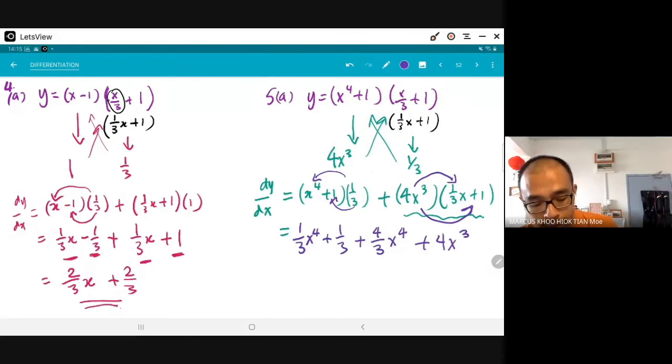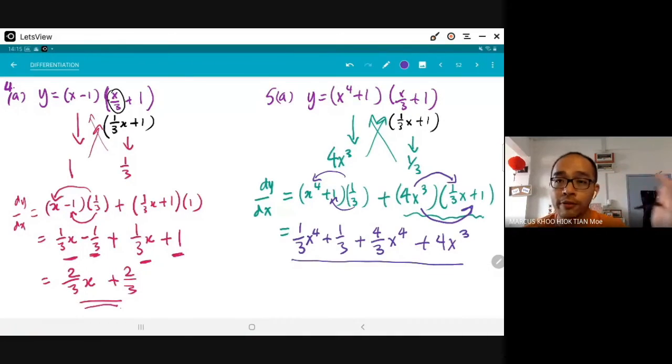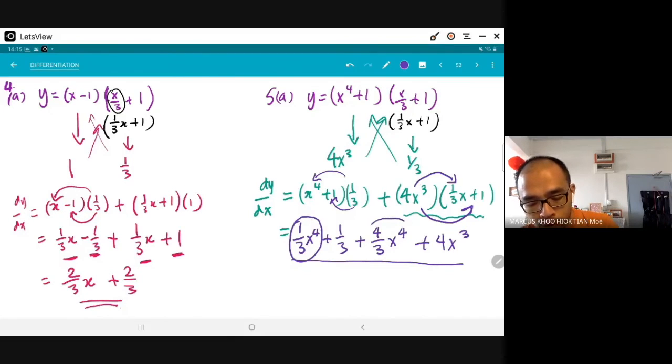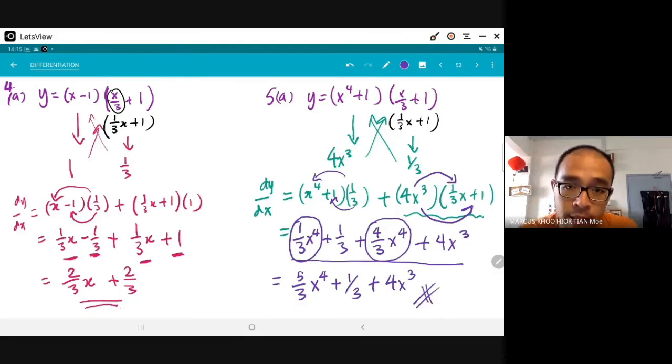What can we settle off? Okay, we can only settle off the x to the power of 4 because that's the only one that we have. So 1 over 3x to the power of 4 plus 4 over 3x to the power of 4 will give you 5 over 3x to the power of 4 plus 1 over 3 plus 4x cubed. Okay, final answer. If you want to follow the answer in the paper, you can rearrange it, also no problem.